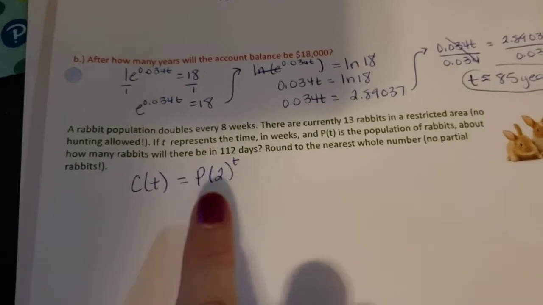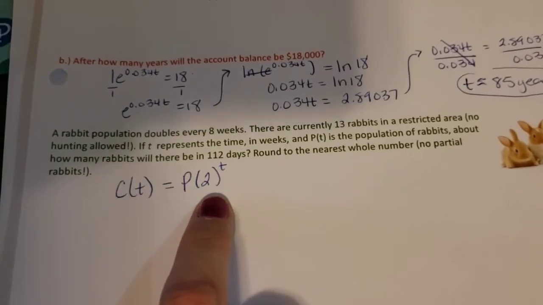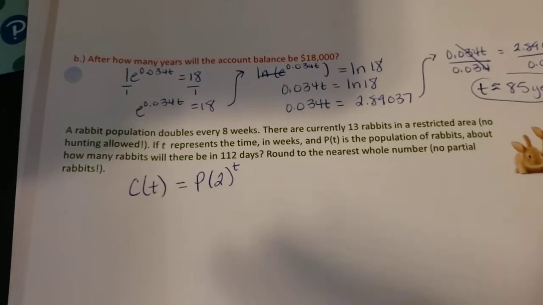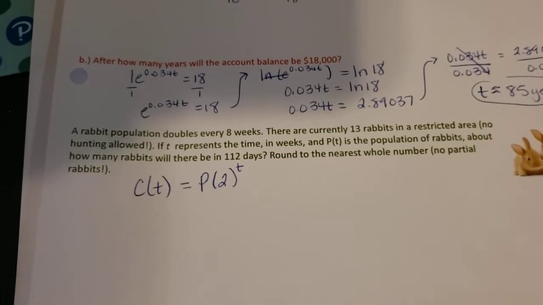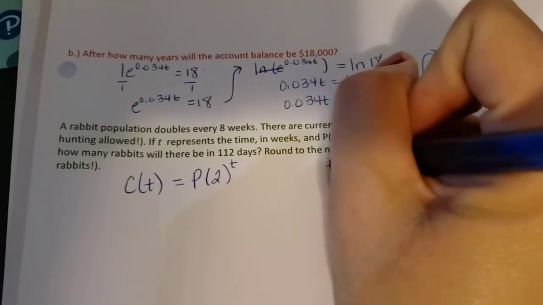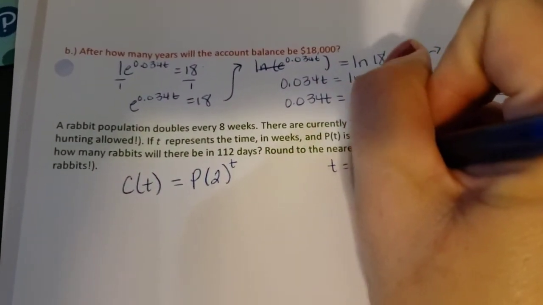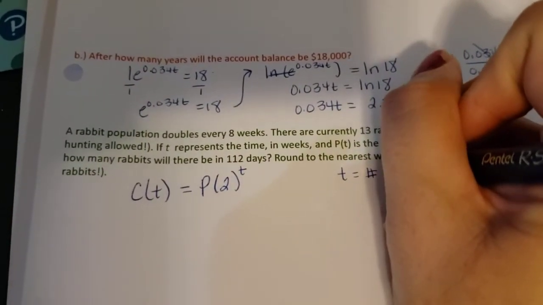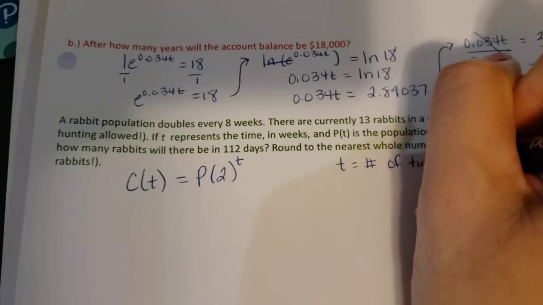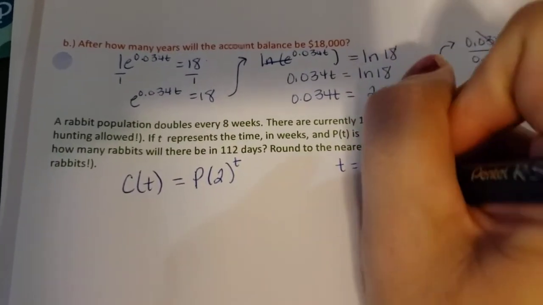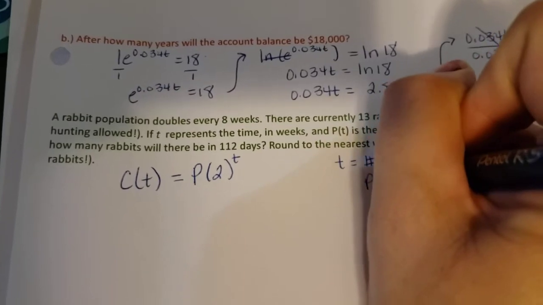In other words, when it comes to the bunnies, our t is the number of time periods that are going to happen in which the bunny population is going to double. So we're going to say the number of times the population will double.